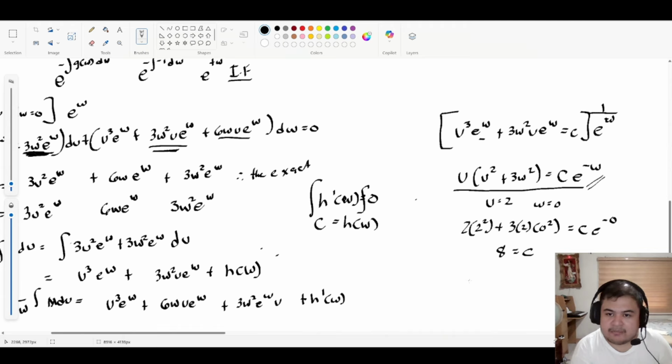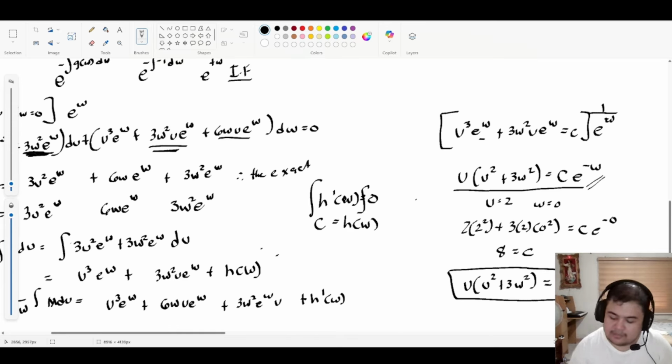Your c is equal to 8. We now know the value of c, meaning your general solution can now be a particular solution. This is now what you call a particular solution.